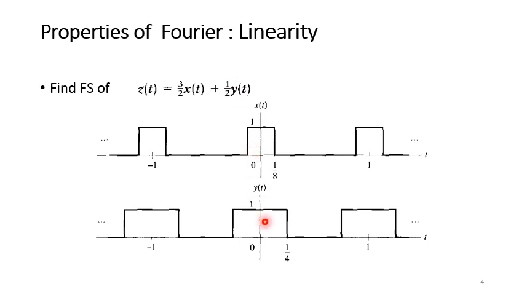We add them and get the resulting signal z of t, and then apply the Fourier series to find its coefficients. The other way is to exploit the linearity property: we find the Fourier series of x of t and y of t, scale them by factors of 3 by 2 and 1 by 2 respectively, then add them and we get the required coefficients.